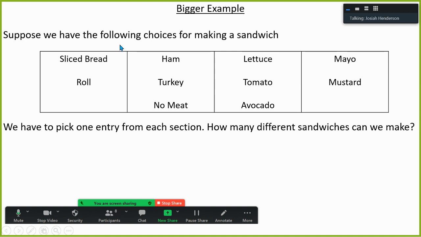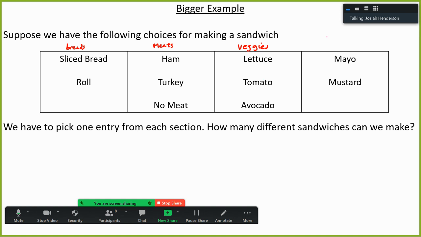Suppose we have these following choices to make a sandwich. So first box is breads. There's sliced bread and there's rolls. Second box is meats. And our choices are ham, turkey, or no meat. Skip the meat. So that's one of our choices, no meat. And then we have veggies, lettuce, tomato, and avocado.